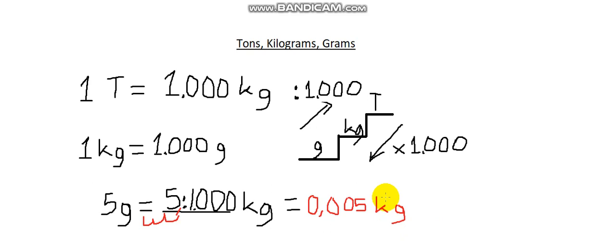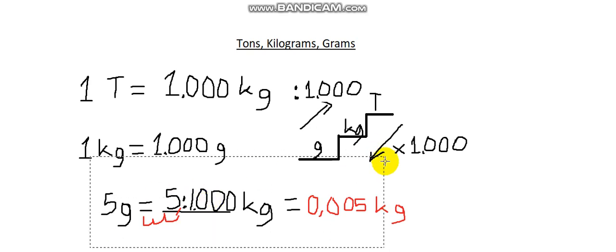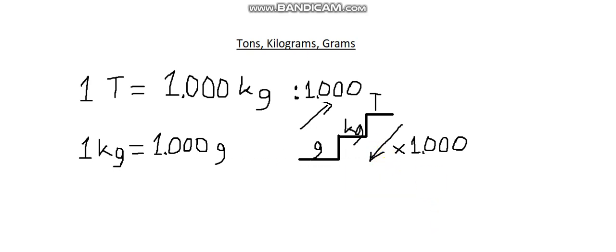That's about it. Let's do one more example real quick. If it was a division, let's say I have 4,000 grams and I want to turn them into kilograms.